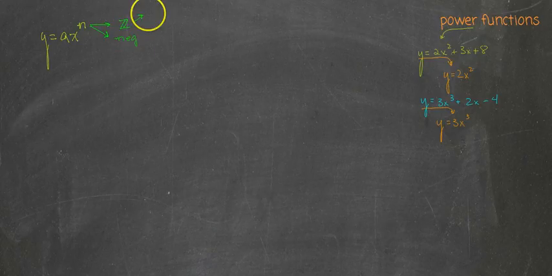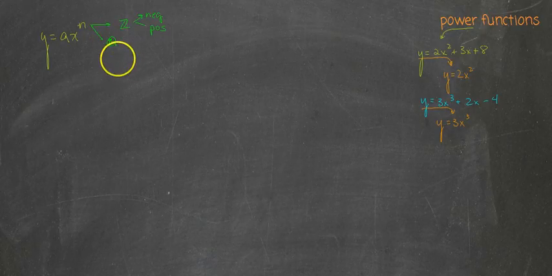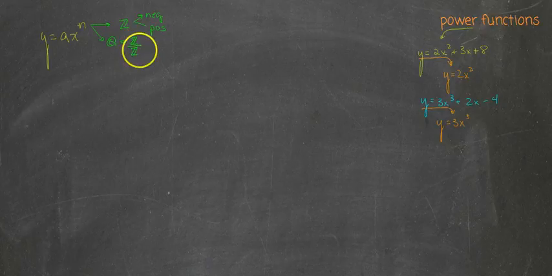Or it could also be a rational number, which is written with the fancy Q, so a rational number where you have an integer over an integer.